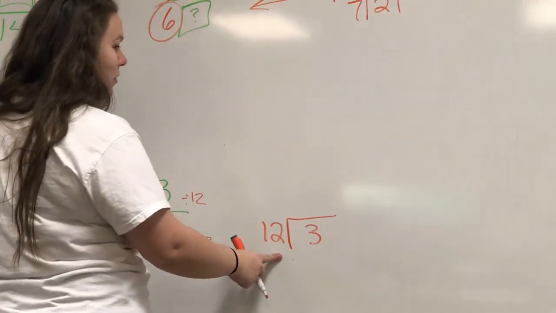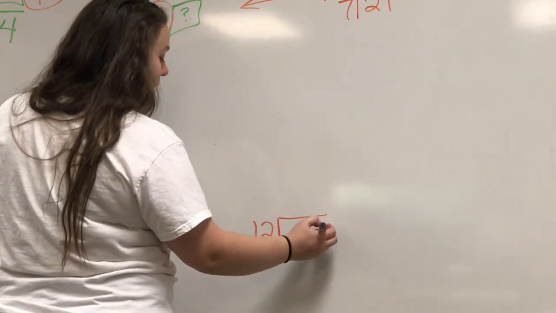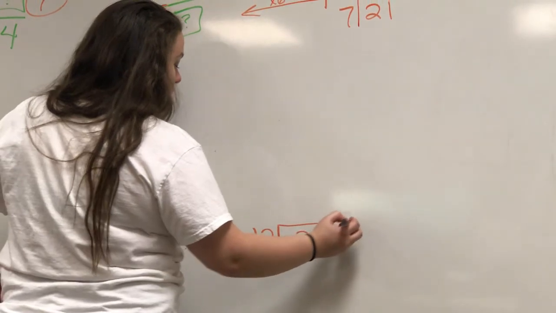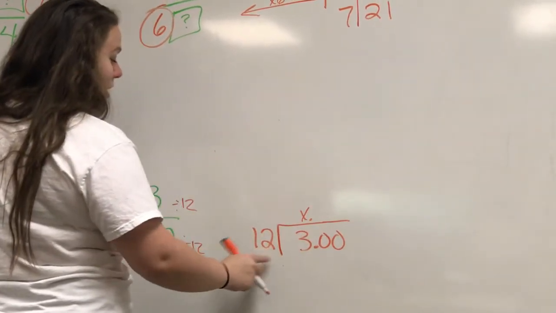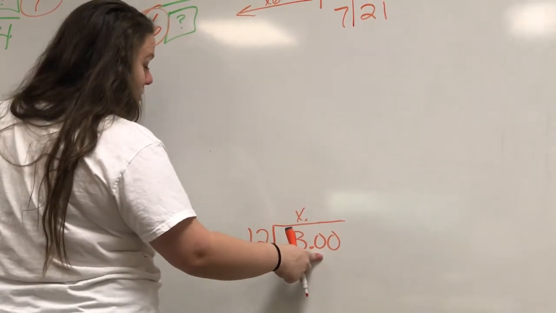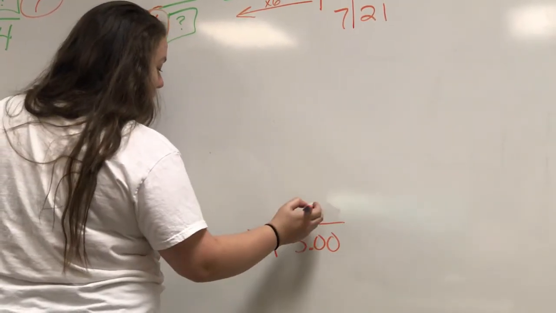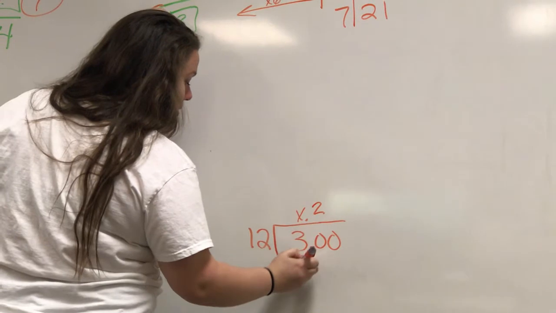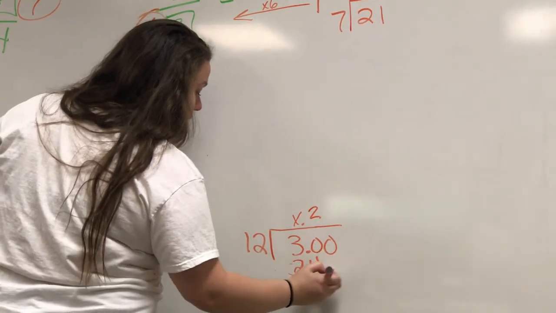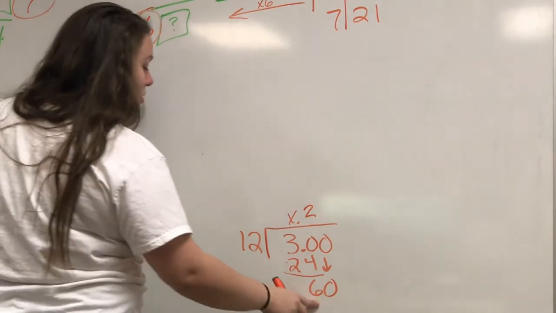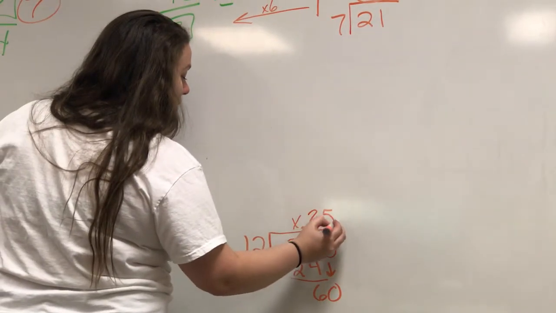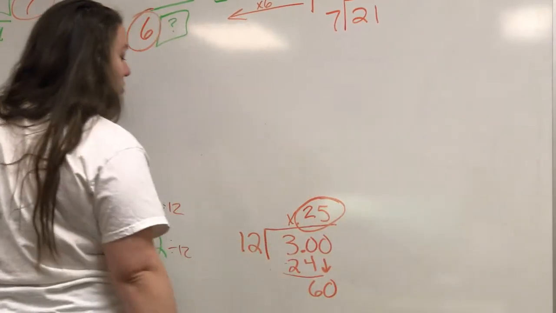When the outside number is bigger, you already know that it's going to have decimals. 12 cannot fit into 3. 12 can fit into 30. And it can fit into it 2 times, which is 24. If I subtract that, I get a 6. 0. That can fit into it 5 times, and my answer is 0.25.